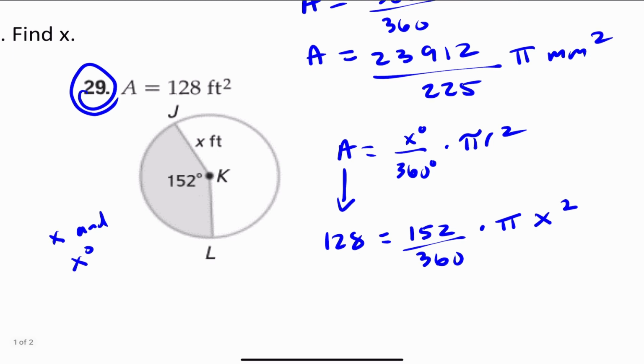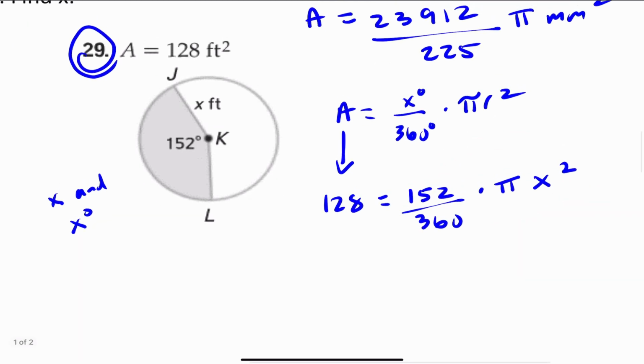And then this is what I'm going to do. I'm going to simplify this.